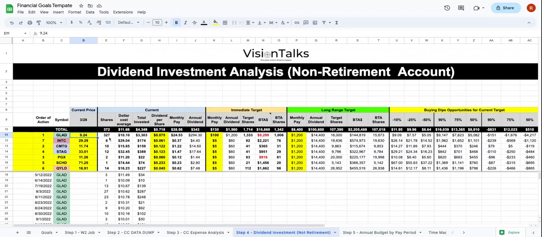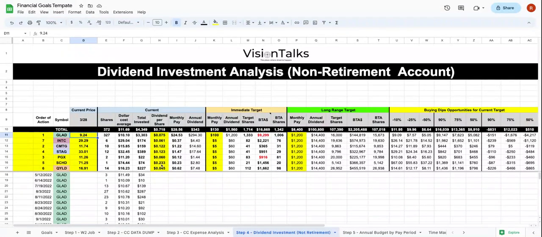The current price, the current shares that you have, dollar cost averaging. So based on when you purchased it at that price and the number of shares, this averages it all out. Your total investment based on the price you paid, how much dividends you get per share, what you're getting monthly based on the per share.